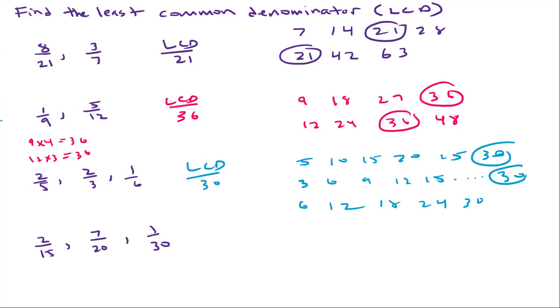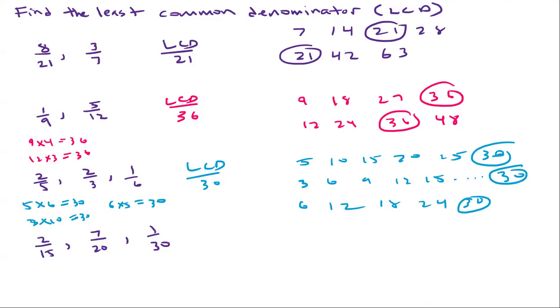Okay. Because again, they all have that, and that's the least one that they all share. Or I can multiply: 5 times 6 is 30, right? 3 times 10 is 30, and then 6 times 5 is also 30. So that's another way to do it.